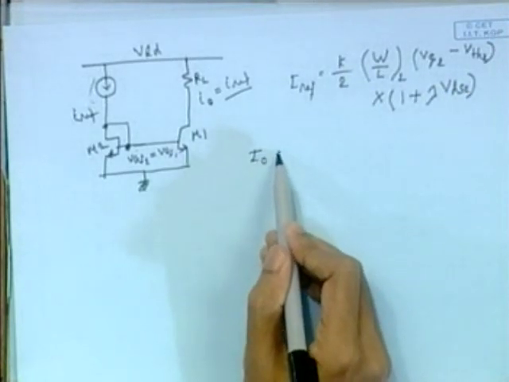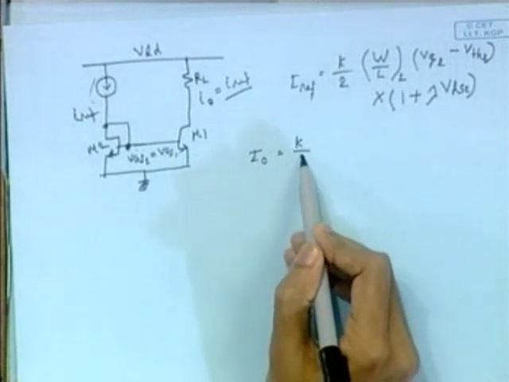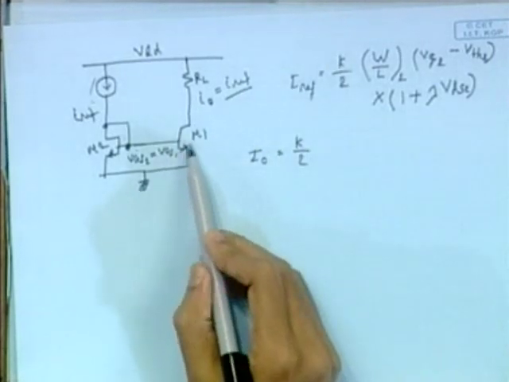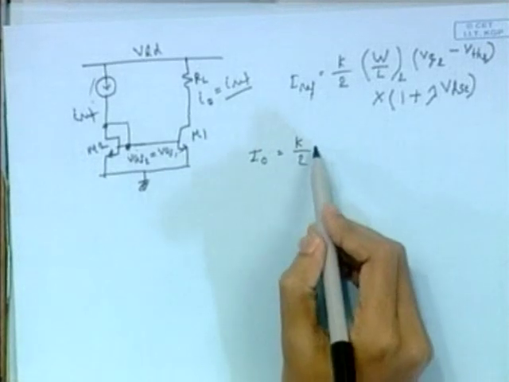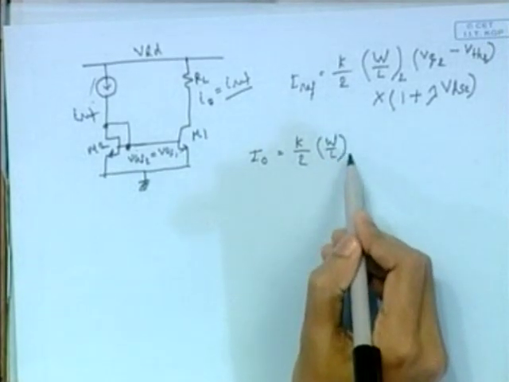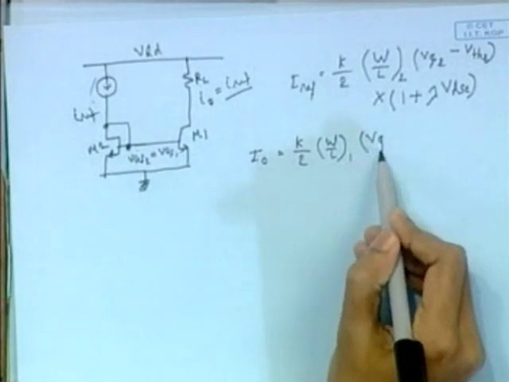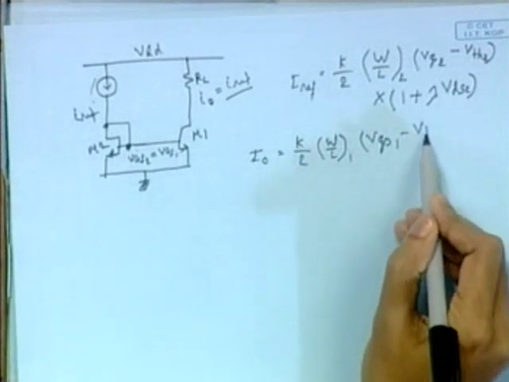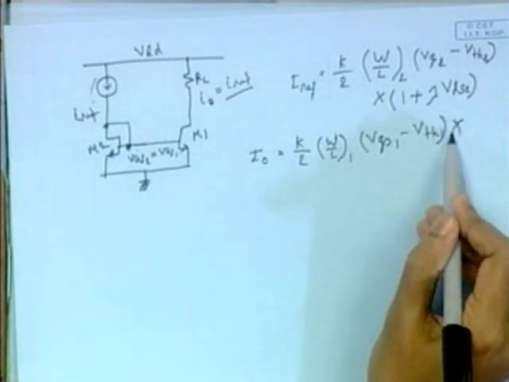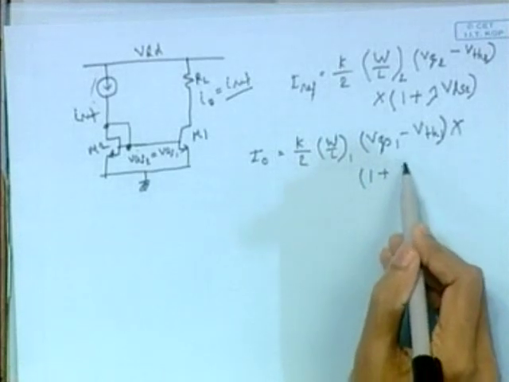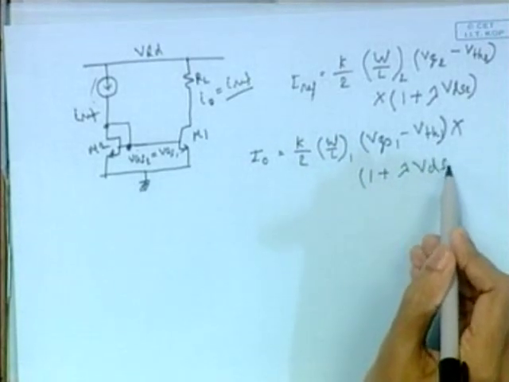And for I0 we have, assuming both K for M1 and M2 are the same, multiplied by 1 plus lambda VDS1.